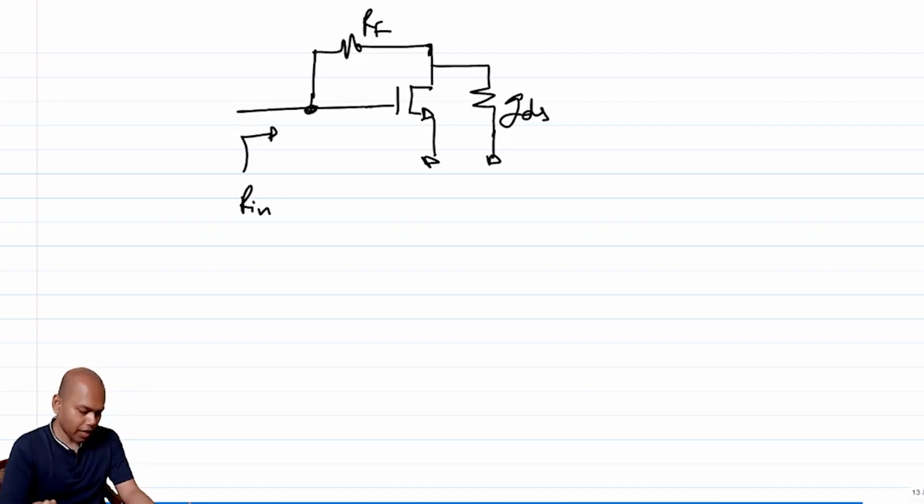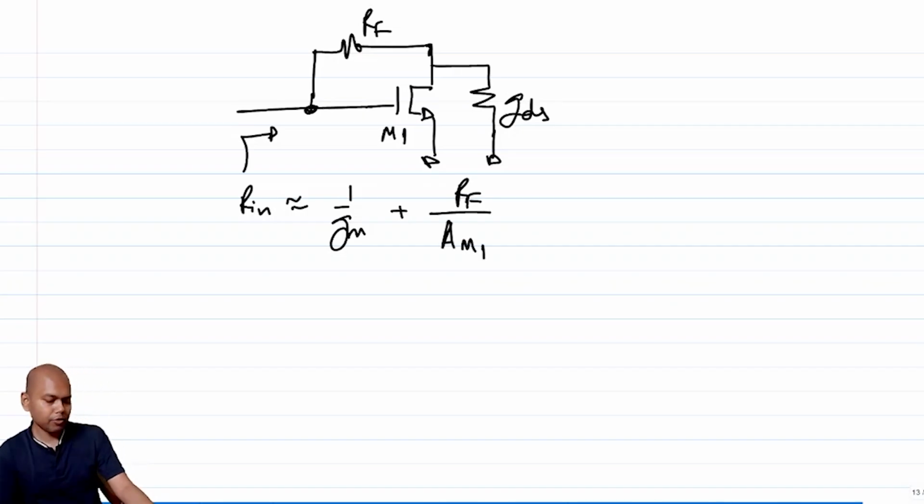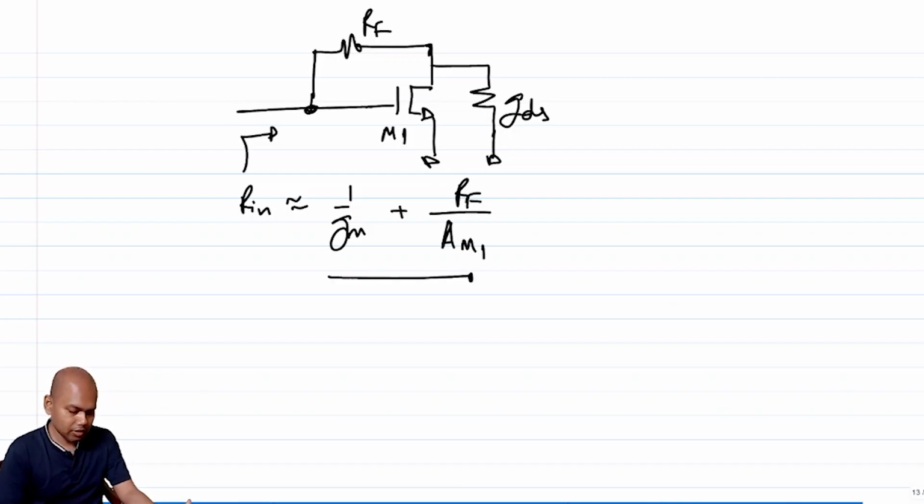If you write out the KCL, KVL, this Rin you will find to be approximately equal to 1 over Gm plus Rf divided by the intrinsic gain of M1, right? So M1, just like before. Okay. So now if you have to match, you have to ensure that this is equal to R for matching.